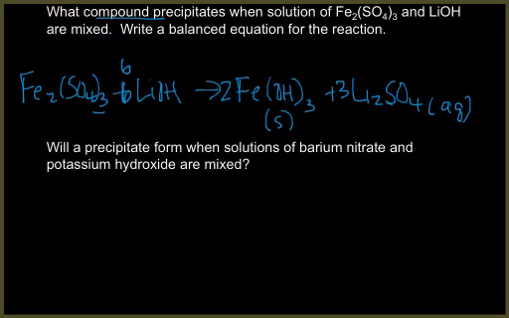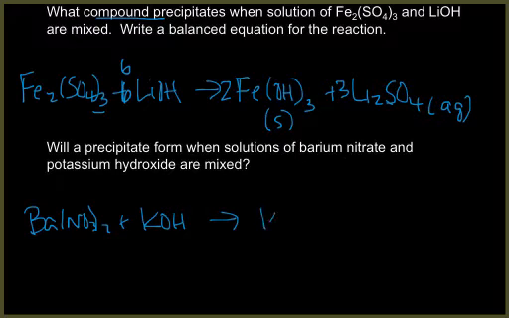Okay, last example, if you want one more, it says, will a precipitate form when barium nitrate and potassium hydroxide are mixed? Okay, so barium nitrate, Ba(NO3)2, and KOH gives me KNO3 and Ba(OH)2.